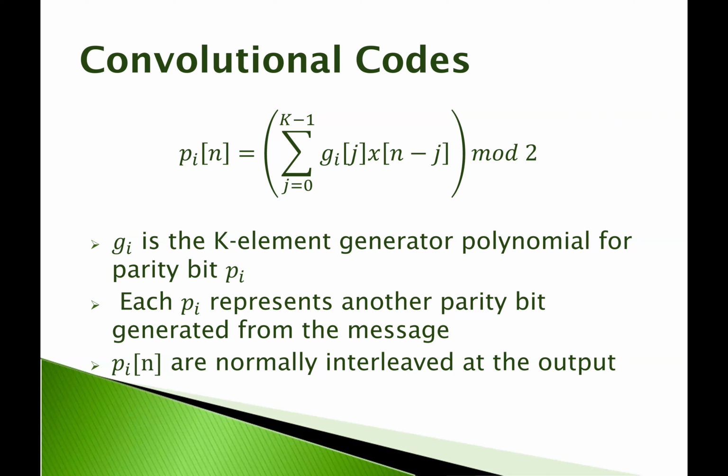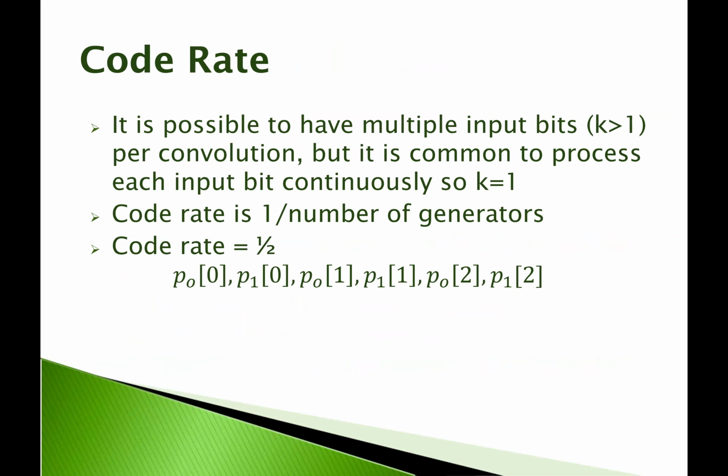So we normally interleave these at the output. I explain that on the next slide. We also have a concept of code rate here. It is possible to have multiple input bits for each convolution, or a small case k greater than 1.